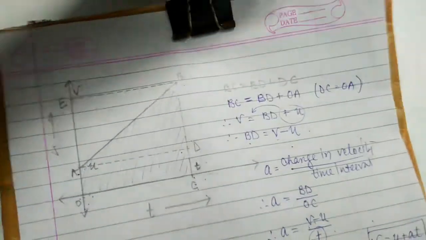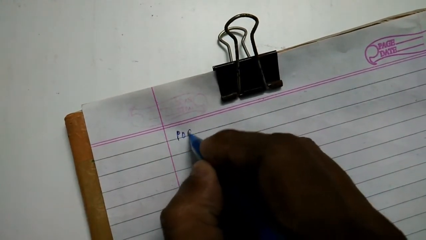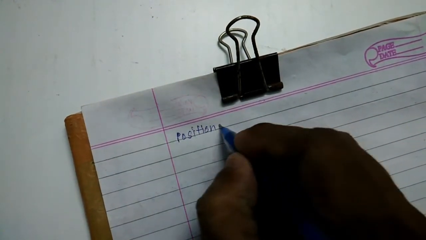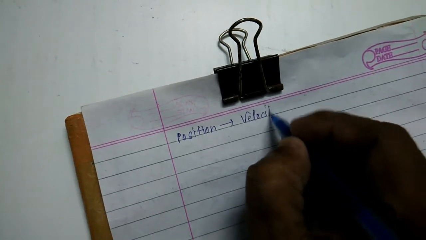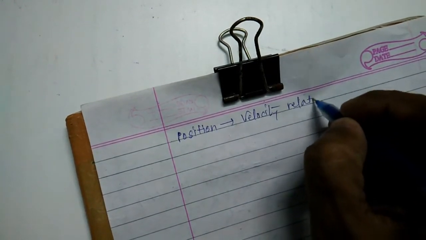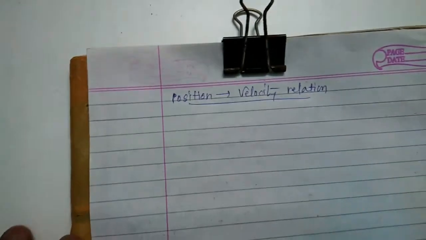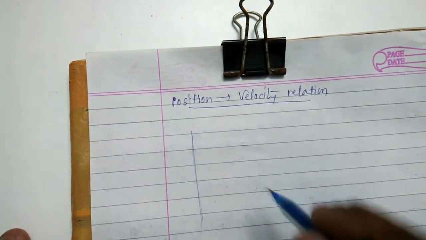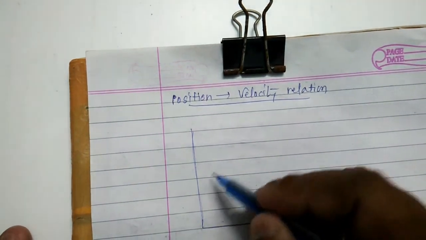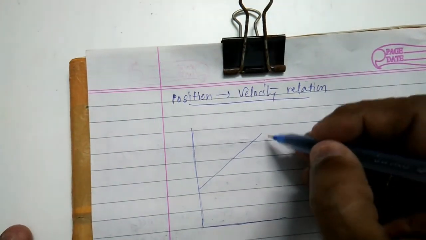Now by the same graph we derive the equation for the relation of position to velocity. Position to velocity relation, we have the same graph. I draw it roughly.